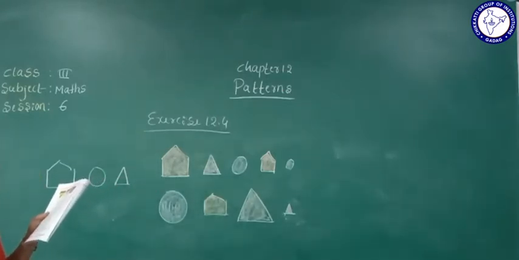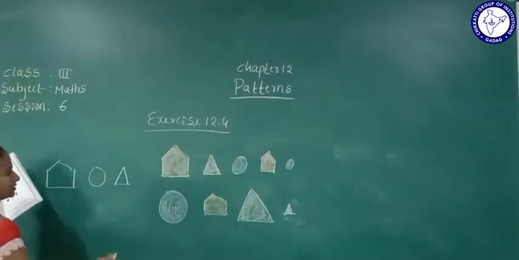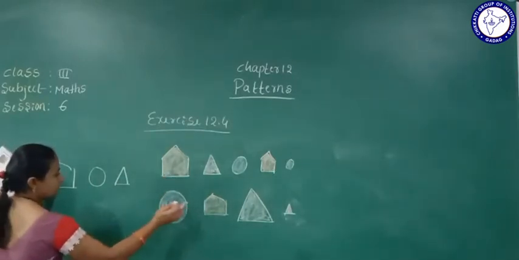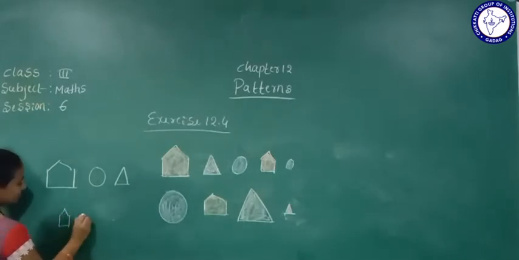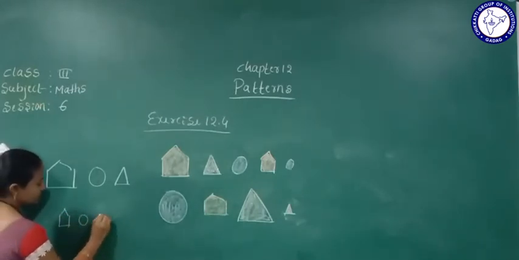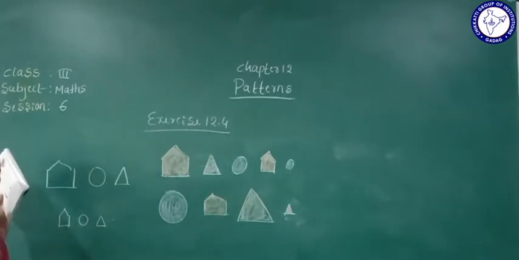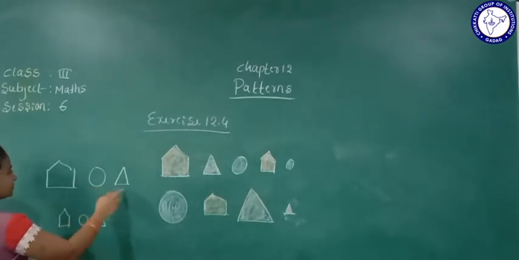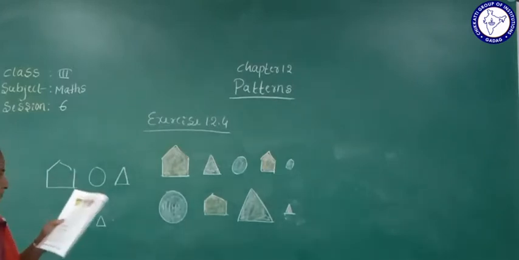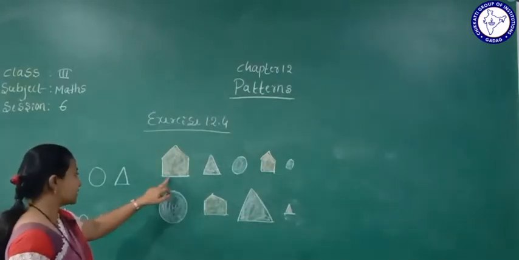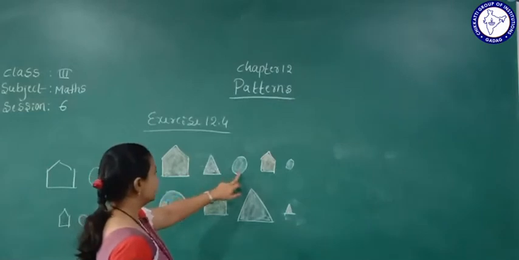Draw patterns of different color. Different color means which color is there here? I'll draw that small one. This is also a different color, and this is also a different color. The sizes and shapes are different and the colors are also different, because here they have given red, blue and green.